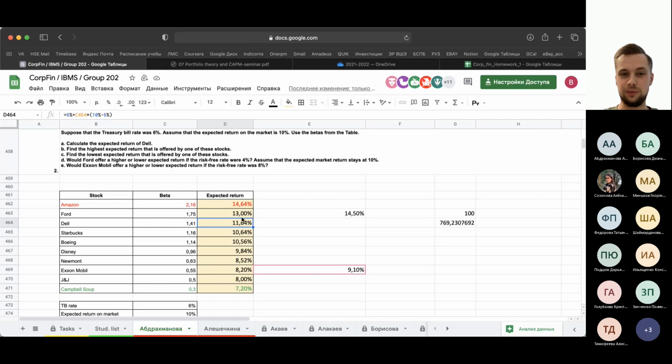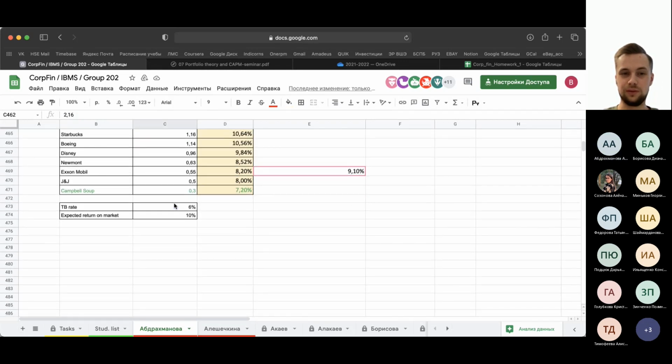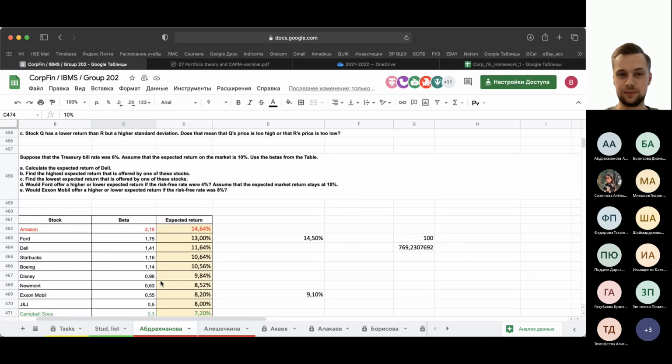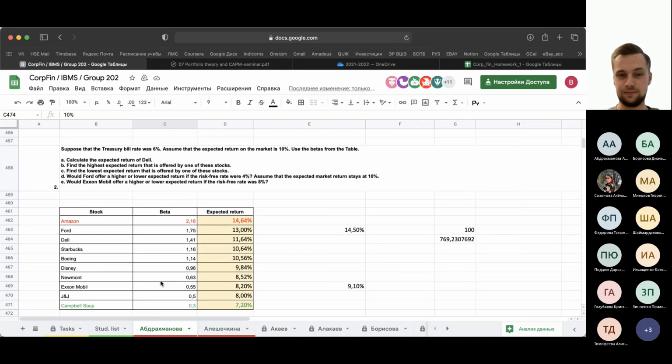Now we can estimate this rate knowing some parameters: the beta, the risk-free rate, the expected return on the market. Yeah, thank you. Okay. I get you. Is it clear for everybody? Yes. Okay, that's nice. So you can make a link with the previous seminars when we valued some stocks. Yes, that's how we estimate the discount rate.